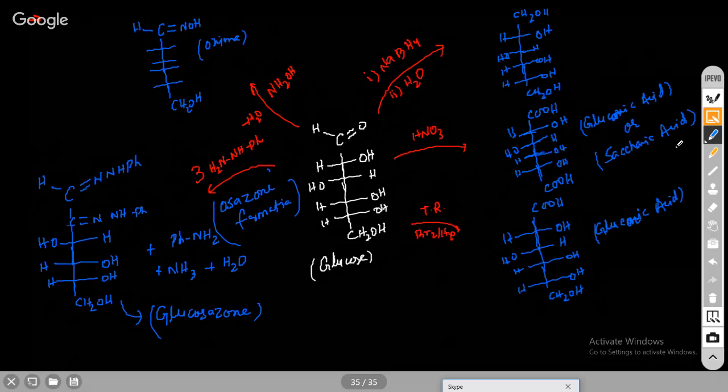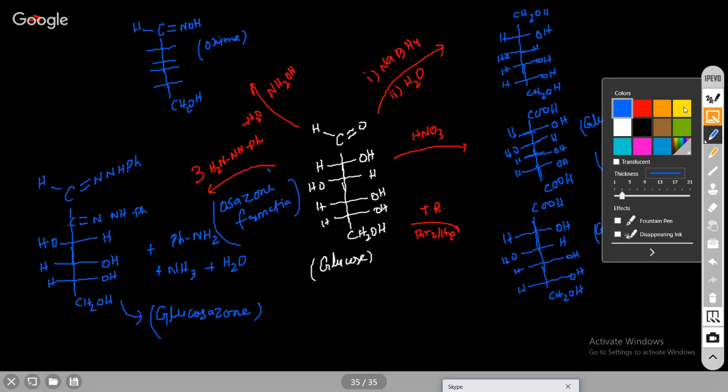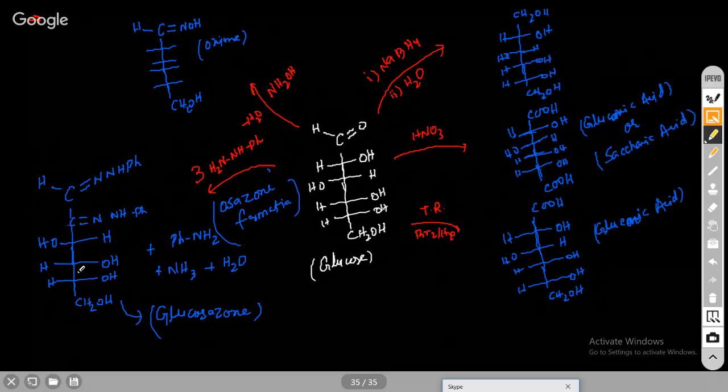I have already told you that the configuration of the last 4 carbon atoms in glucose and fructose is same. You see the structure of fructose also, we have this configuration only for the last 4 carbons. So whether you take glucose or fructose, the compound in osazone formation will be this only.